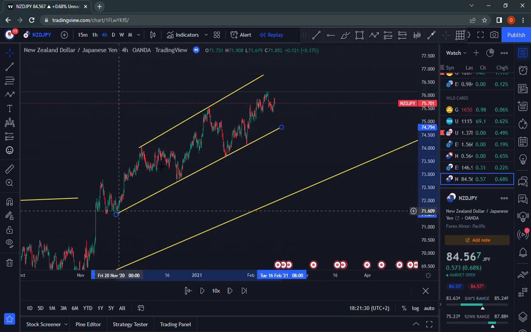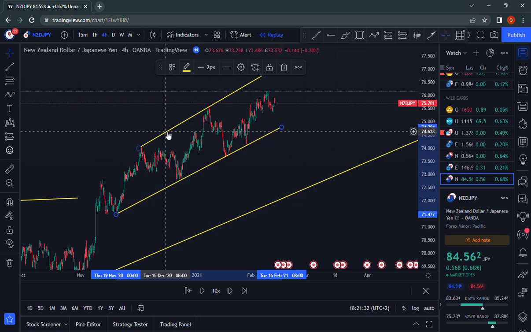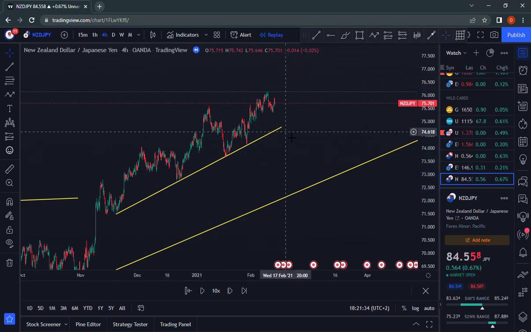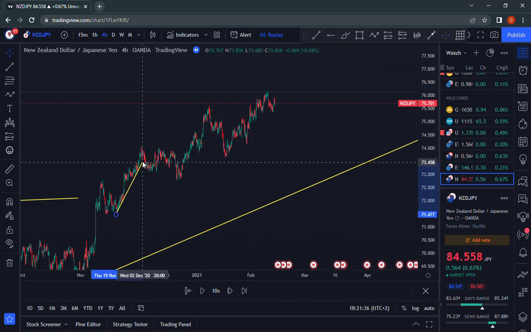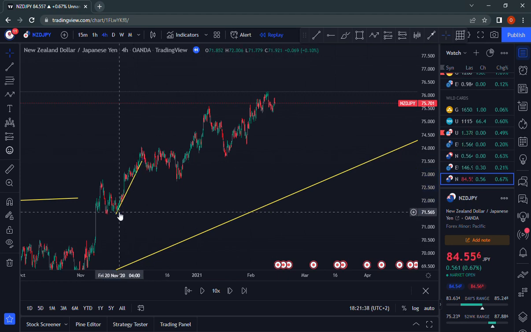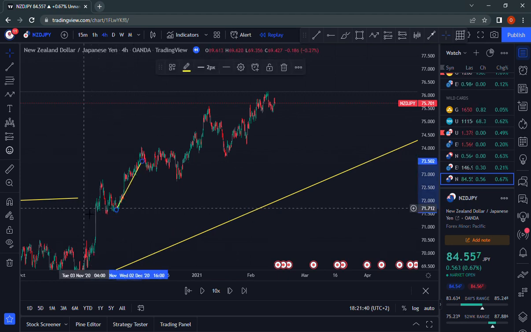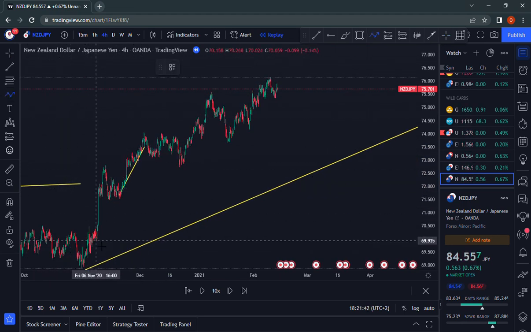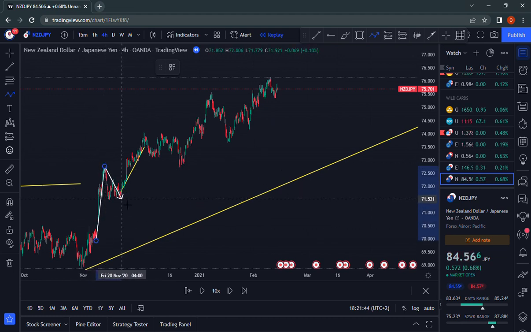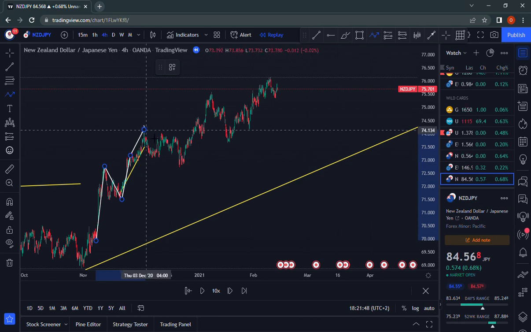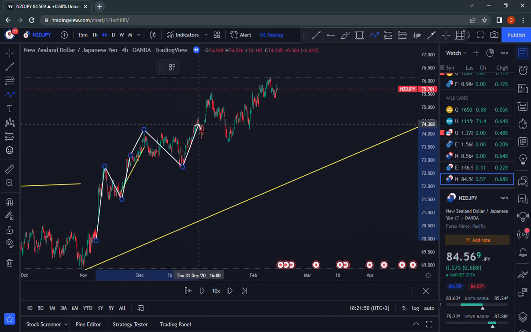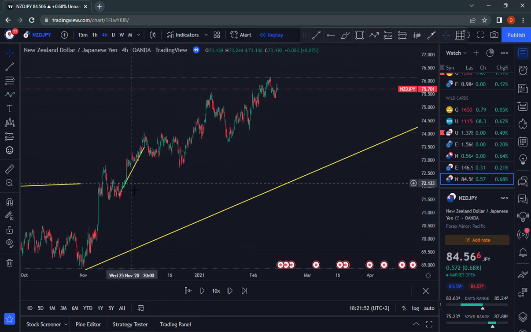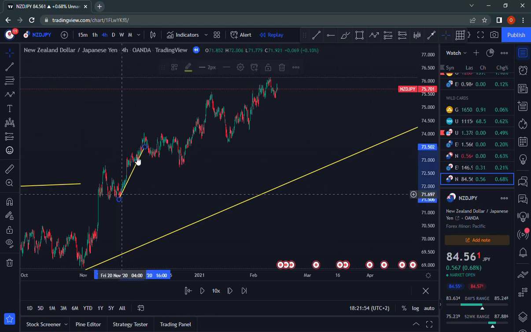Then the trend line, when we're coming up here, I want to show you something piece by piece. When we're coming up here, we had this impulse and we had this correction. We broke the top. We had this new impulse. We have this correction. We broke what? The top.